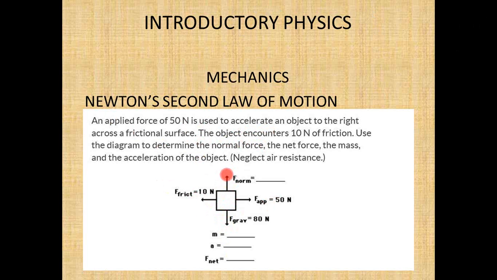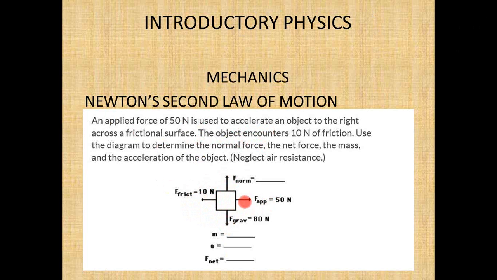So the object is not going to go up and it's not going to go down, because the downward force balances the upward force. The applied force is to the right, the frictional force is to the left. So for the net force, you subtract the frictional force from the applied force, and your net force is equal to 40 newtons.